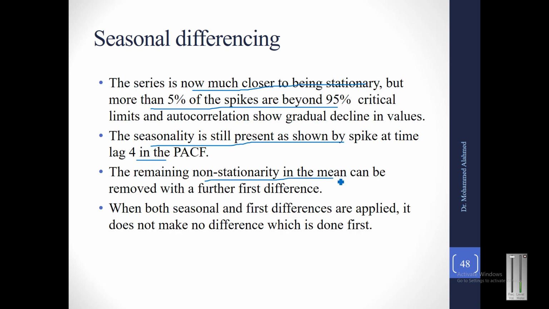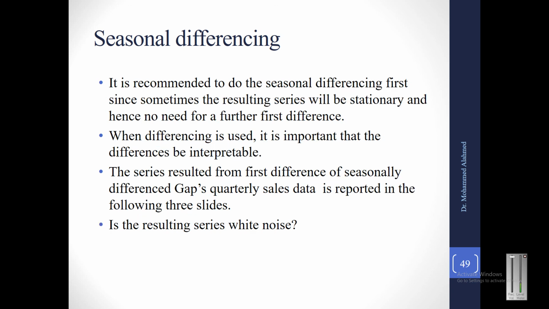The remaining non-stationarity in the mean can be removed with a further first difference, right? Although the order does not matter when you apply seasonal and first order differences, the recommended approach is to apply seasonal differencing first, since sometimes the resulting series will be stationary.